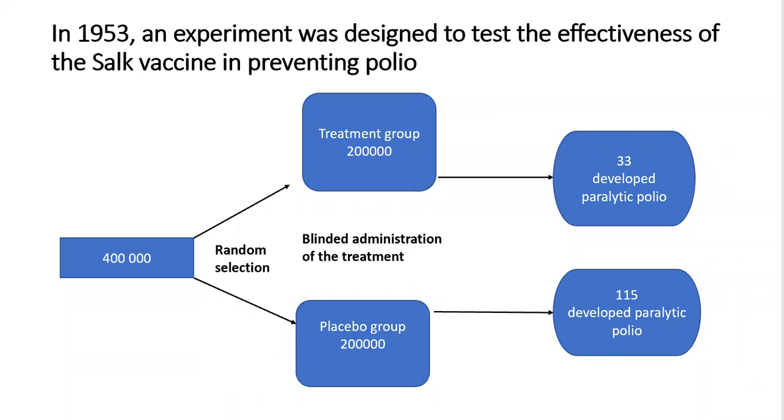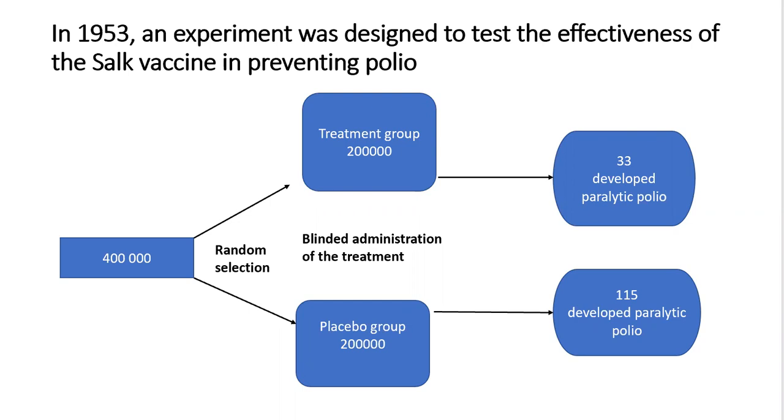So here's an example of one of the biggest experiments that was done in the health industry. In 1953, an experiment was designed to test the effectiveness of the Salk vaccine in preventing polio disease. Polio was very prevalent, and as a result, a lot of children died or became paralyzed.